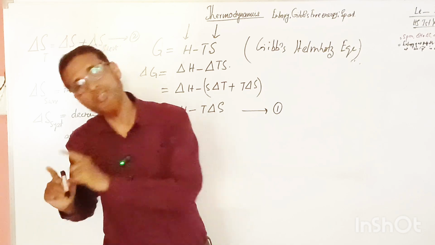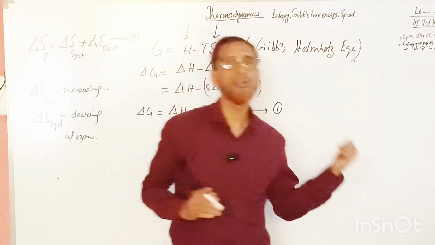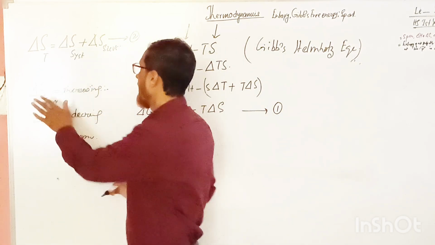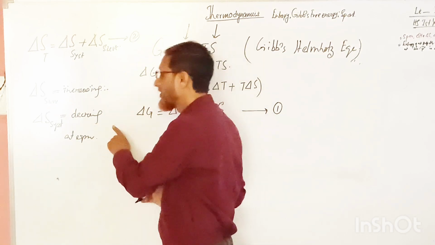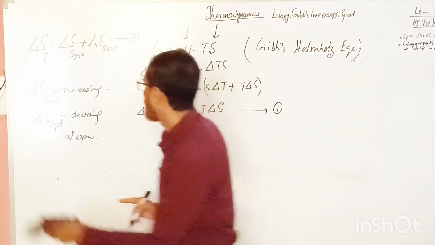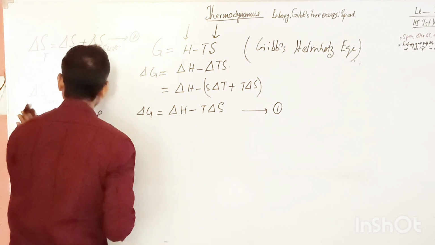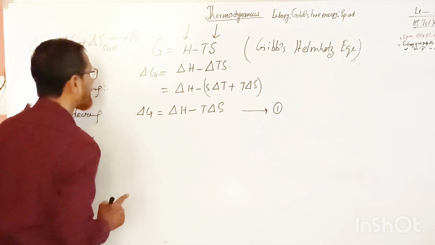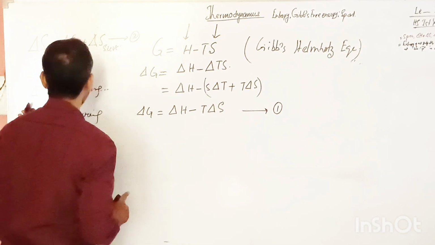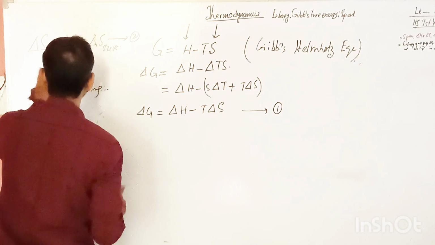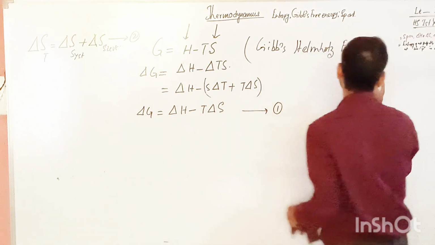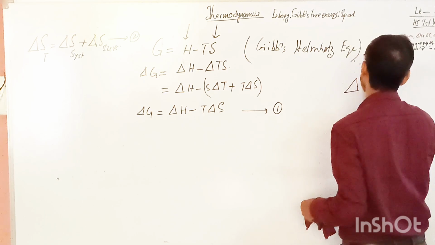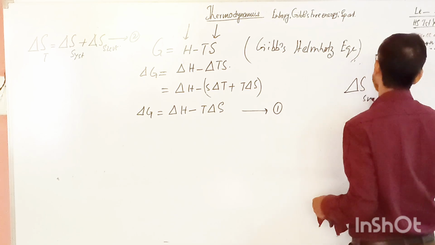If the entropy of the surrounding is increasing, the entropy of the system is decreasing. So if you assume the entropy of the surrounding is increasing, then the entropy of the system is decreasing. That is, del S system and del S surrounding.